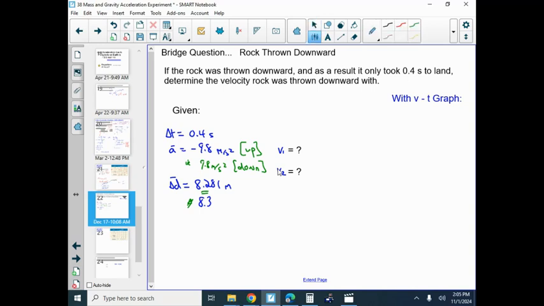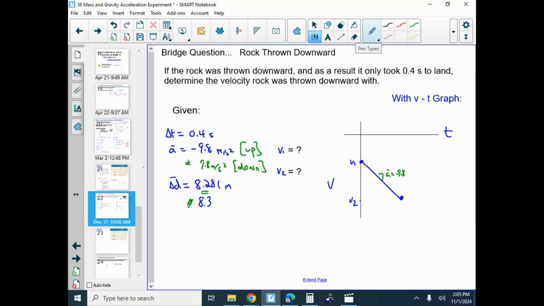If we did this with a VT graph, then we'd have a bit of a different picture. We'd have an initial velocity down and a faster velocity down, right? So v1, v2, we know the acceleration, negative 9.8, and we know the displacement.